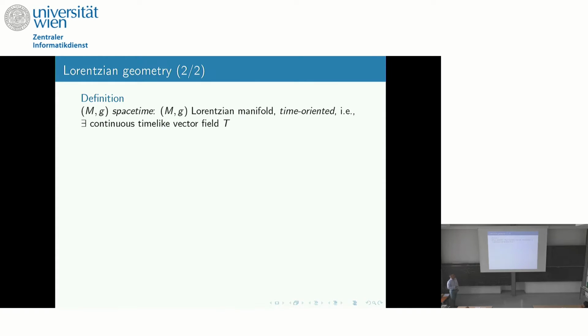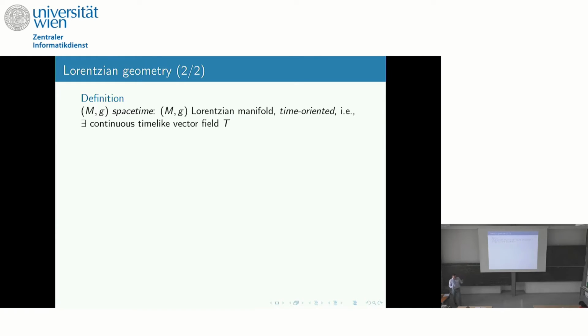Okay. Now, since you want to have a future, not just now, since the time-like cone has two connected components, you have to say that one of the two is the future and the other is the past.